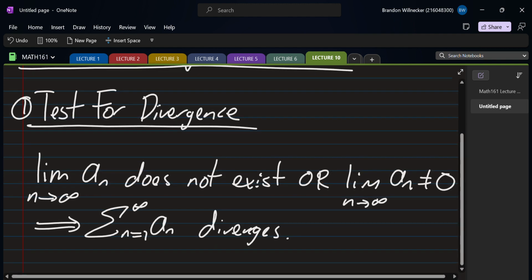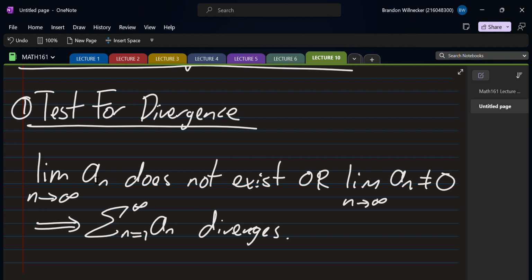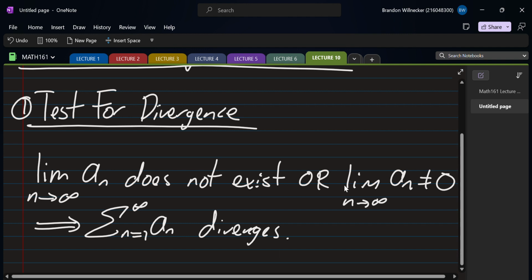This is what I was saying at the beginning about adding smaller and smaller terms each time. If we take the limit as n goes to infinity of our sequence and the limit is not 0, then it means we're adding bigger and bigger terms each time, and so it goes to infinity. If the limit is 0, it doesn't mean it converges, so it doesn't go both ways.